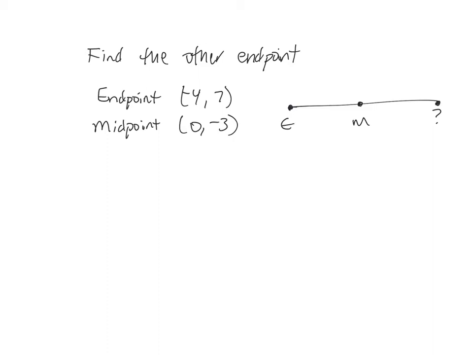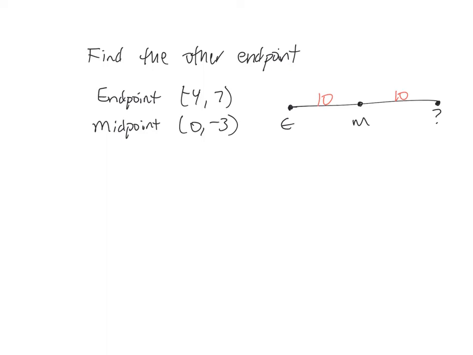So here's the way that I think of this. Midpoint means in the middle. Midpoint means if this distance was 10, I'd have to go 10 more to get to that other side. If this distance was 8, I had to go 8 more.